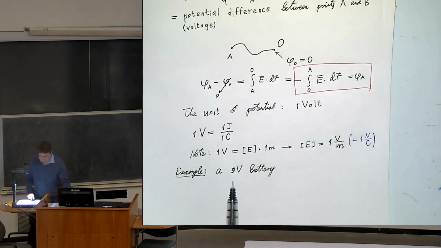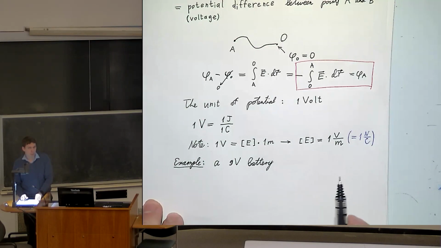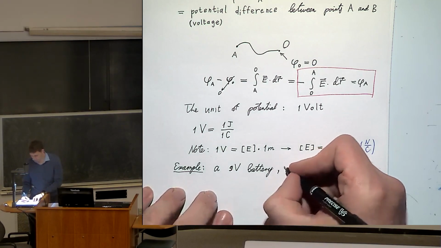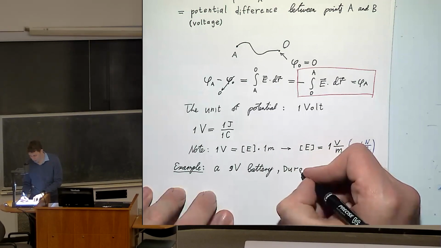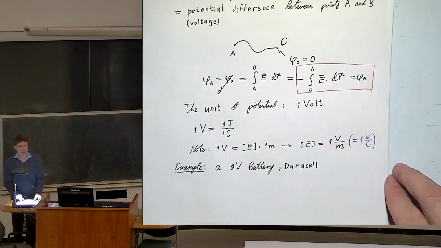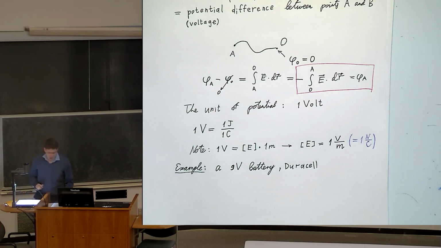But let's consider this 9 volt battery, and before it gets exhausted, that is before it gets useless. Well, I'll write a particular brand. It's Duracell, and I promise that Duracell didn't pay me anything. It's not their advertisement in any sense.